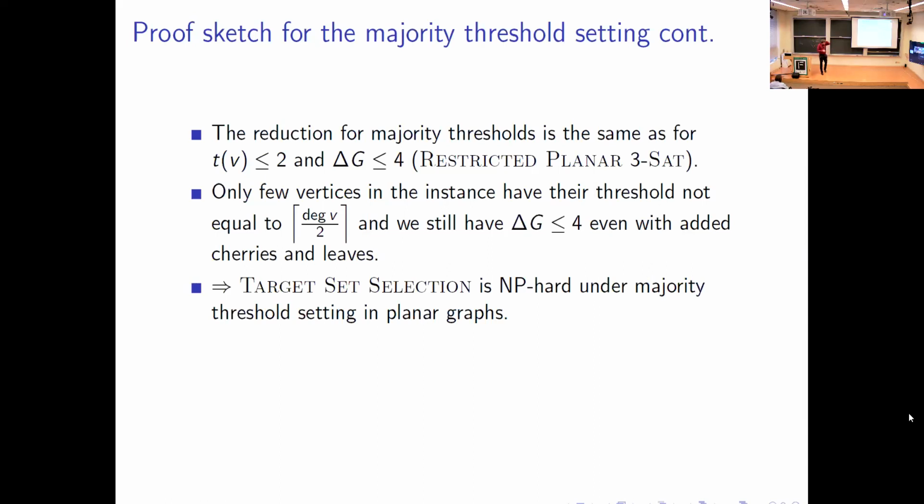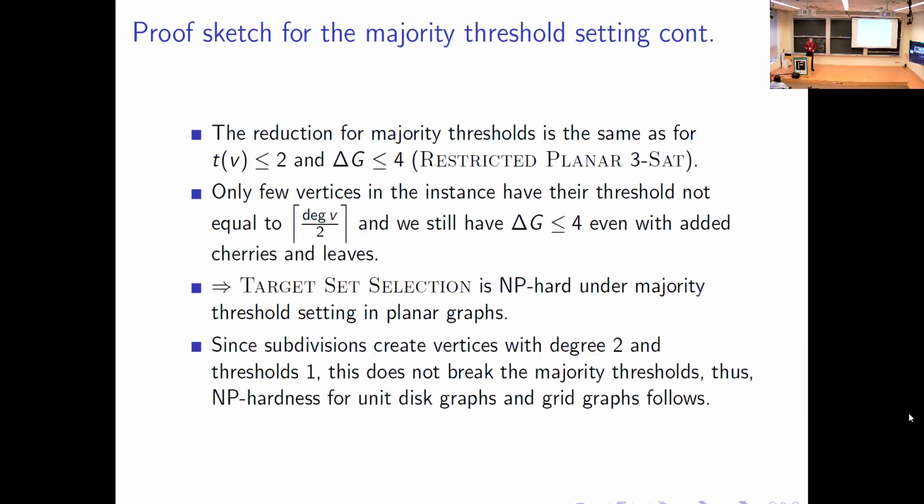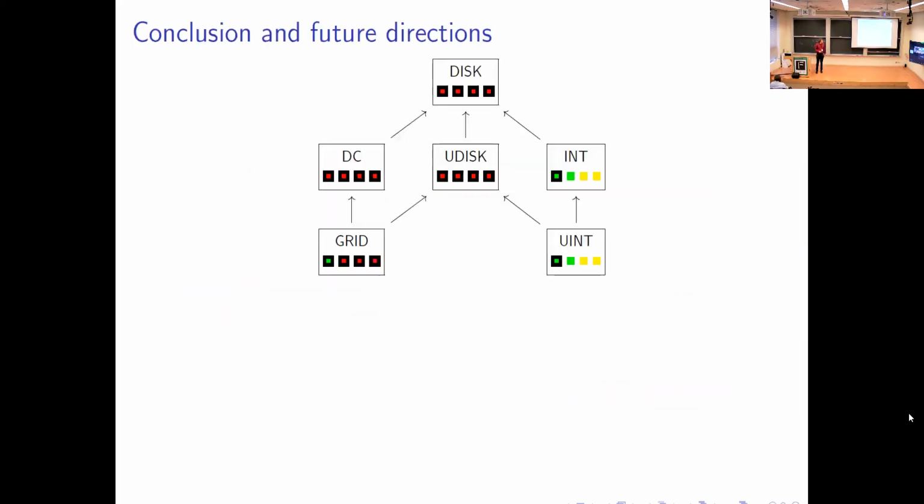So this problem is NP-hard in planar graphs, and observe that we can employ the same idea, just subdivide it once, twice, and because subdivision creates a vertex of degree 2, threshold 1 is exactly 2 over 2. So this is easy. Okay, so let me conclude.